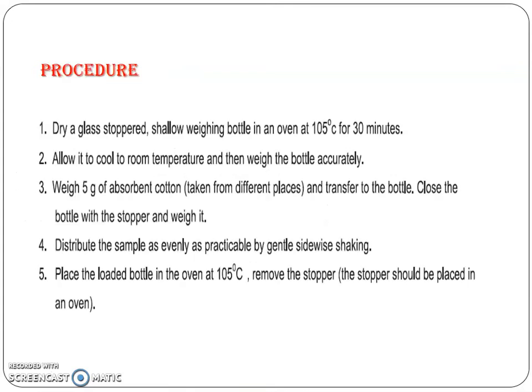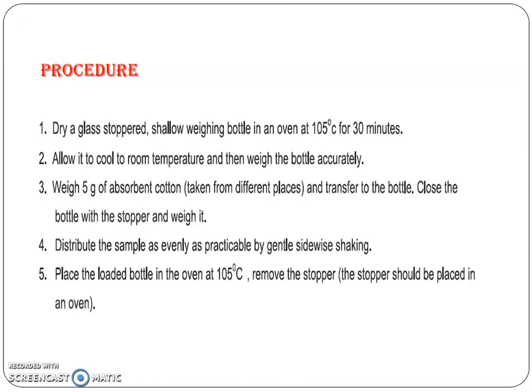So, we'll see the procedure. First, dry a glass stoppered shallow weighing bottle in an oven at 105 degrees Celsius for 30 minutes. Allow it to cool to room temperature and then weigh the bottle accurately. Now, weigh 5 gram of absorbent cotton, taken from different places. Transfer to the bottle.